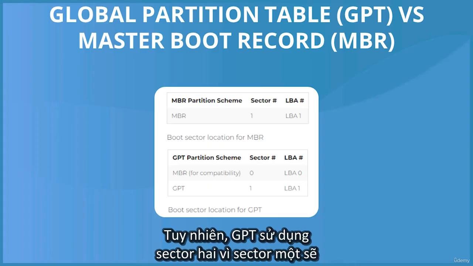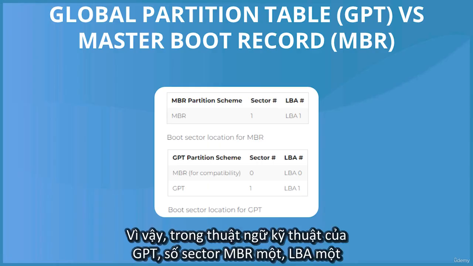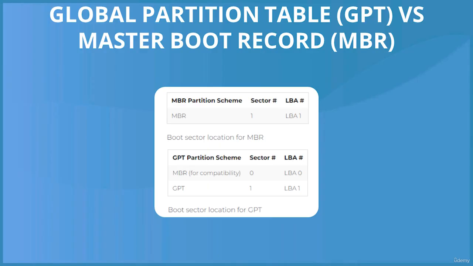However, GPT uses Sector 2 because Sector 1 is always going to be reserved for MBR and BIOS compatibility. So in GPT technical terms, MBR Sector number 1, LBA1, is LBA0 for GPT, and GPT is Sector 1, which would correspond to LBA1.